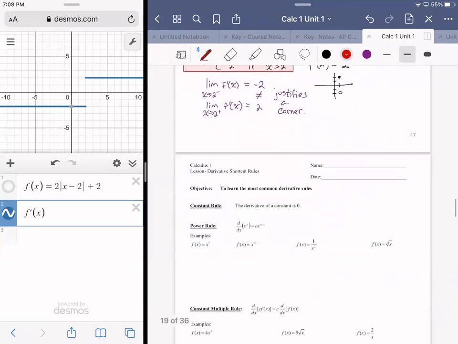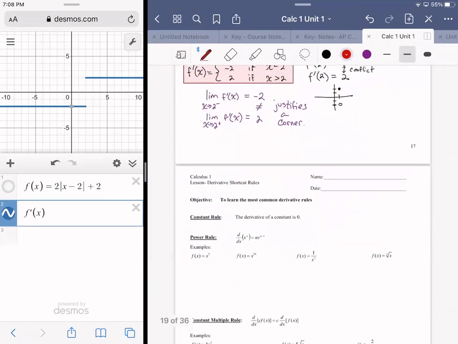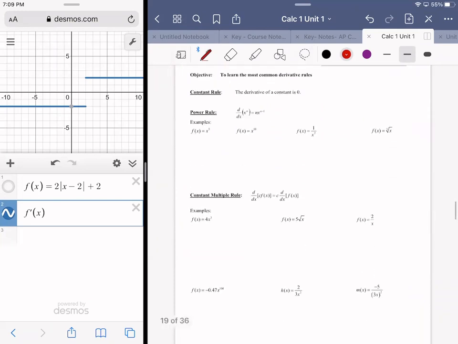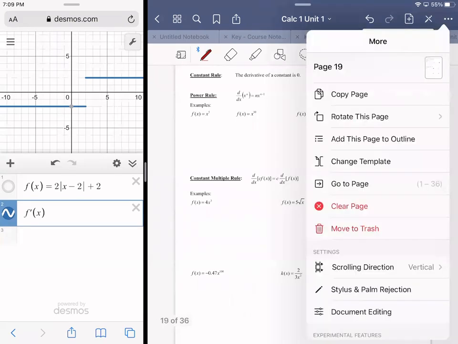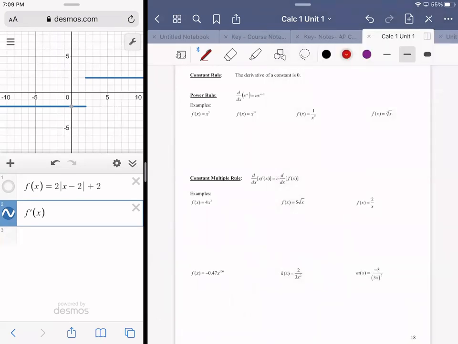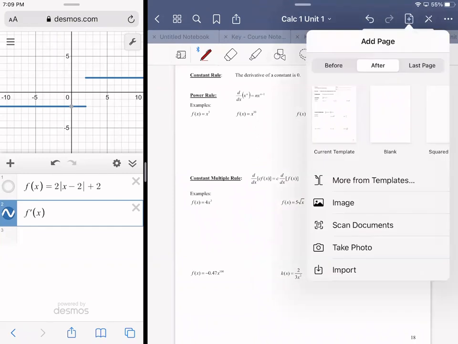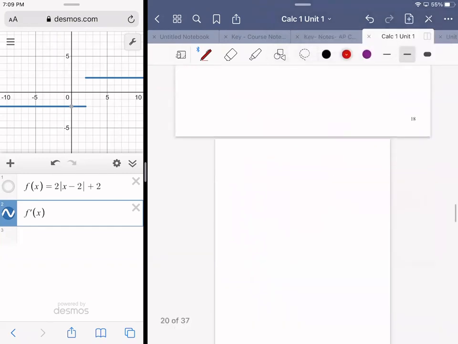And I don't have the heart to put you through that. So I'm going to show you the shortcut rules, and then we'll come back to the cusp example. So let me slip another page in here. It's more so to remind myself. I'll say cusp example.